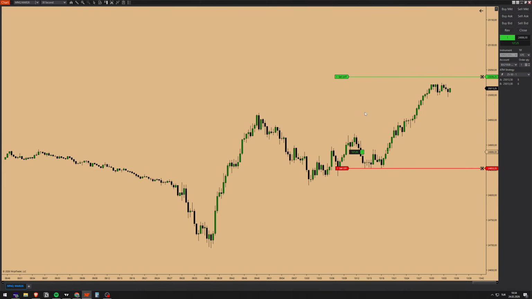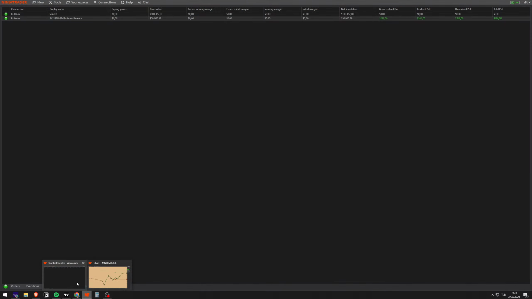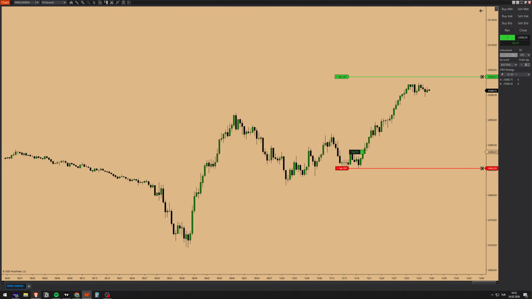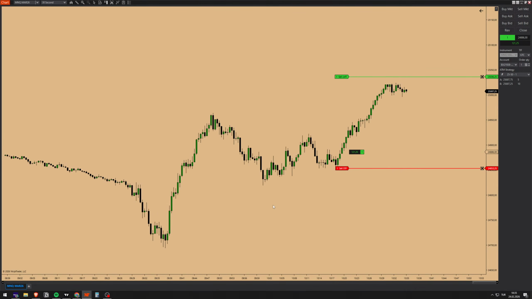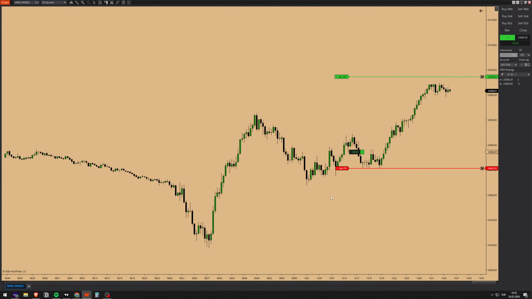Okay, and 1 mini is the risk many people use on these evaluations, but currently I don't really care about passing them. I mean, evaluations are really easy because most of them are cheap and you can use high leverage with them, especially with the ones that don't have consistency rules.